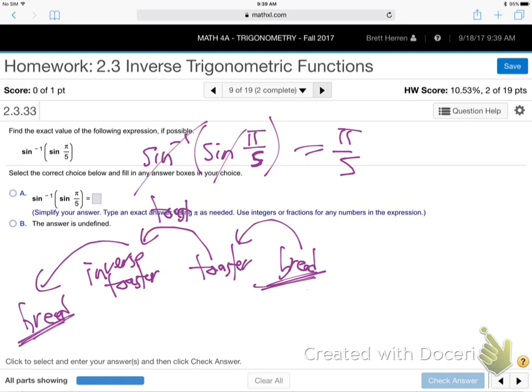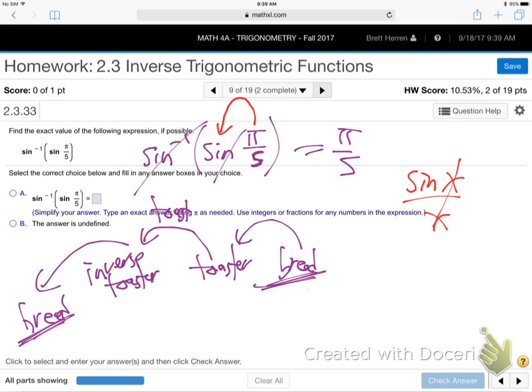See this pi over 5? I want to make sure this is really clear what's happening. The pi over 5 is being plugged into that machine, right? That's how you want to think about functions. That'll help you. That's why I'm doing all the toaster talk, because I've noticed as I teach calculus that people get really confused. For example, later on you'll have functions like sine of x over x. It's something we do a lot in calculus.